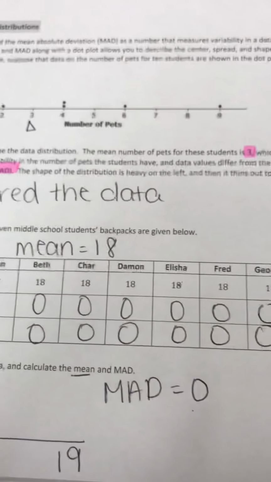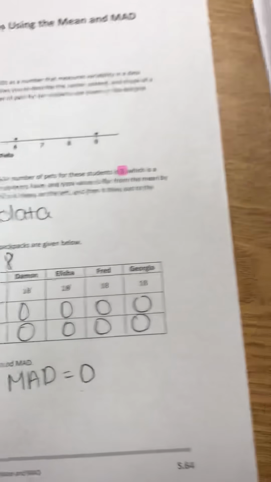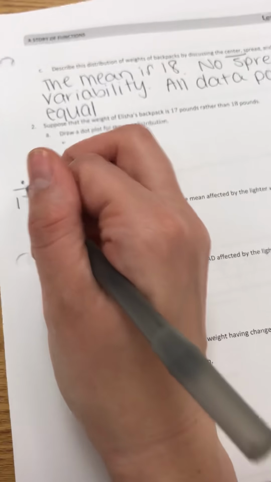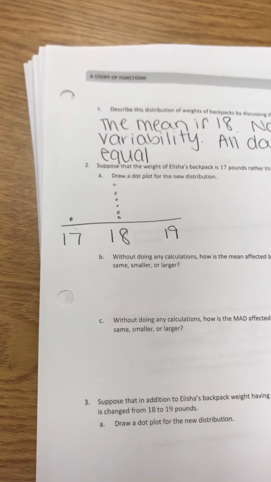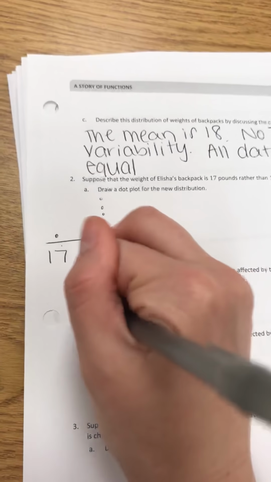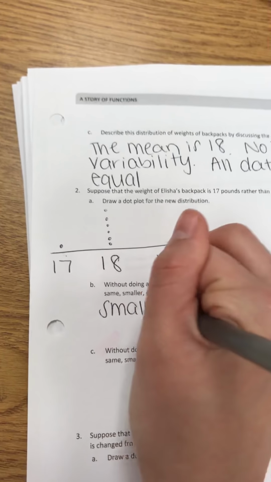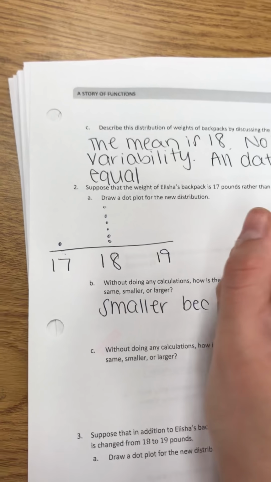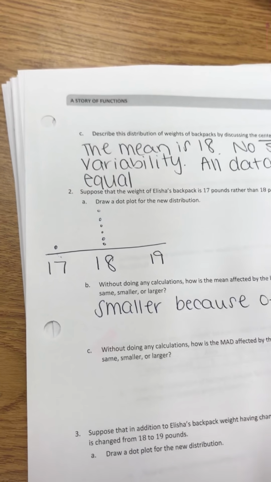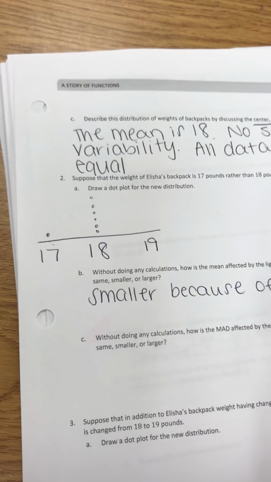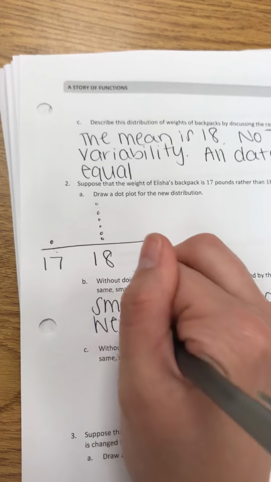Well, it cannot be the same. The only way that it's the same is if it's all the same numbers, or if we're balancing it out. Well, since we're giving a data point that's 1 less, our new mean is going to be smaller because of the smaller weight. Just like it would be bigger if we had added 1 in 19 instead.